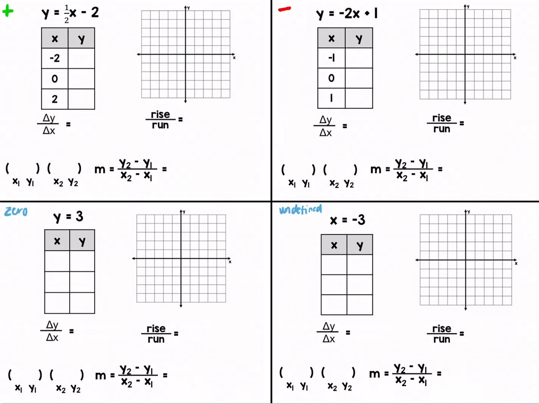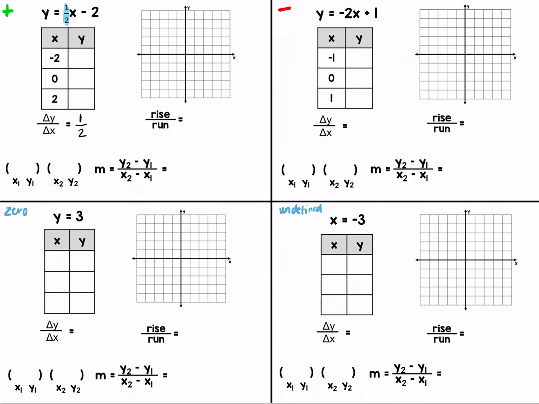Now, if I'm looking at my equation, here's my slope, the 1/2. So since my slope is 1/2, it's y change over x change, so 1 over 2.